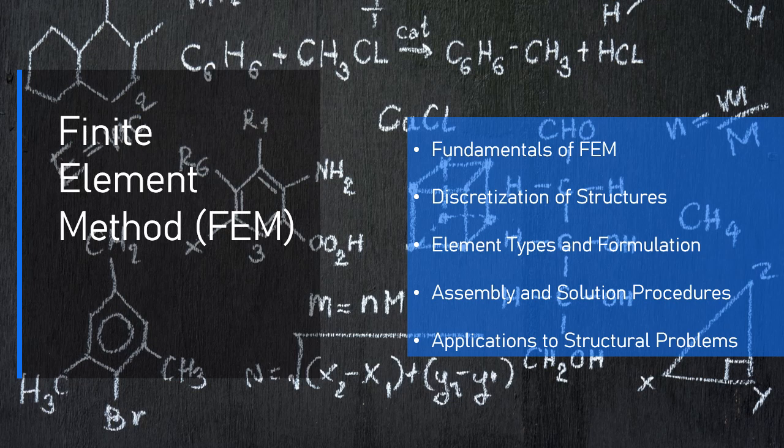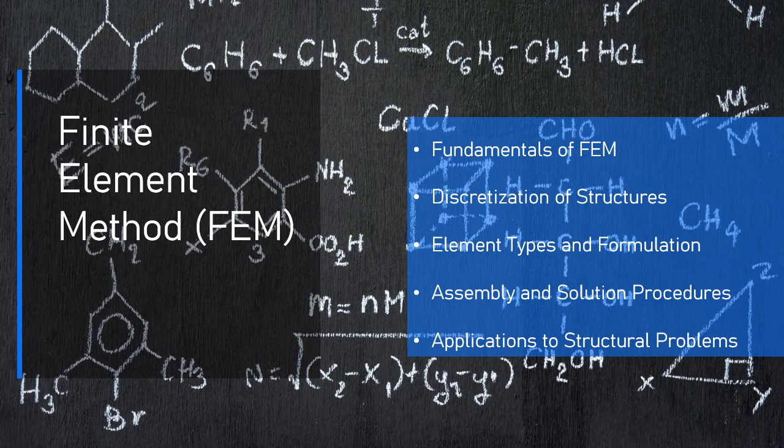4. Applying boundary conditions. Boundary conditions must be applied to the global system to represent constraints such as fixed supports, rollers, or prescribed displacements. The assembly process is modified when applying these boundary conditions. Fixed supports impose zero displacements, e.g., u equals 0.